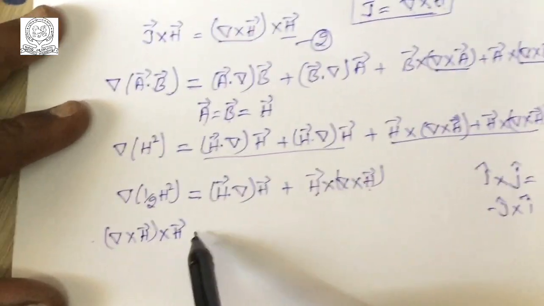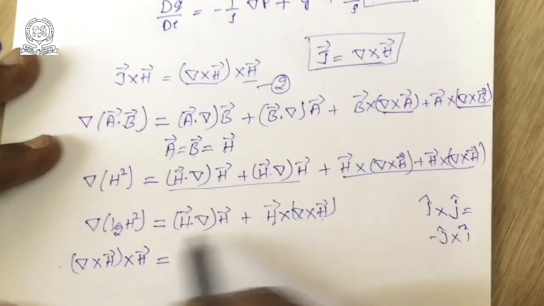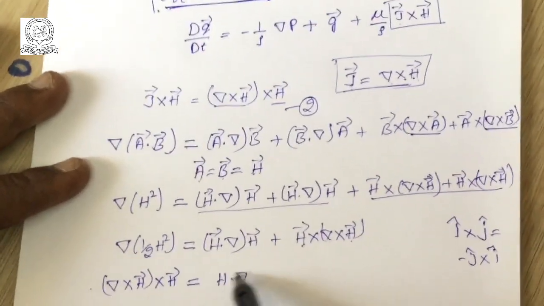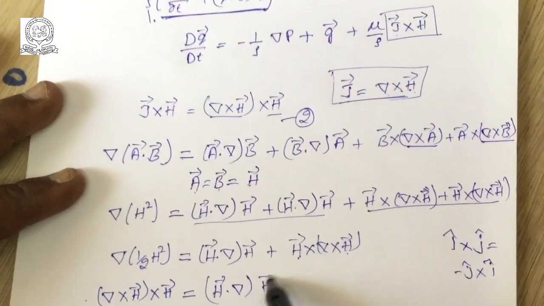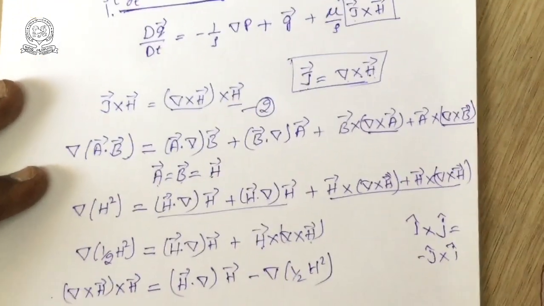By taking it to this side, that will become positive. It's equal to H dot del of H minus gradient of 1 by 2 H square.